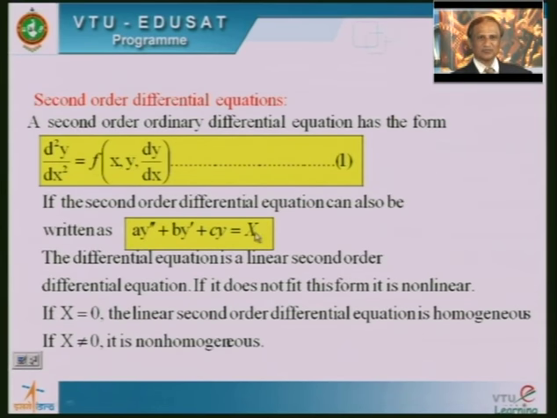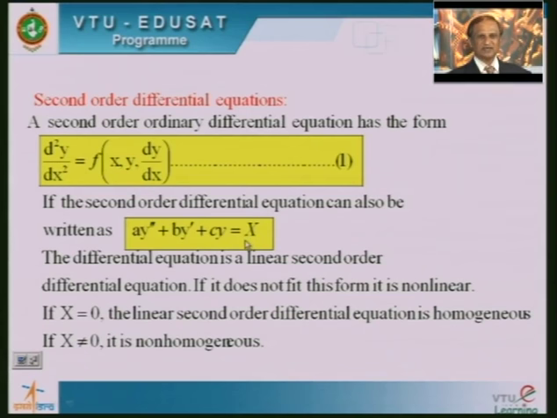So, you may ask, suppose it is not equal to 0, then what happens? If X is not equal to 0, it is a non-homogeneous equation. Is it clear, right? You remember, sometimes the right hand side may be equal to 0, sometimes it may not be equal to 0. If equal to 0, we call it a homogeneous differential equation. If it is not equal to 0, a non-homogeneous equation, right.